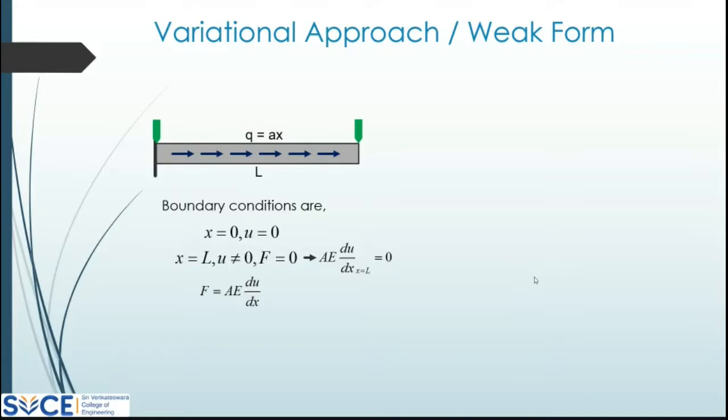Okay. So I know what the differential equation is here. That is AE d square u by dx square plus q, where q is the UDL. It's a varying uniformly distributed load, where q we mentioned as a into x.